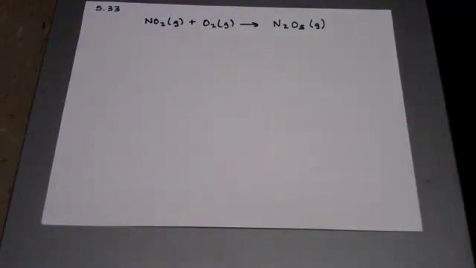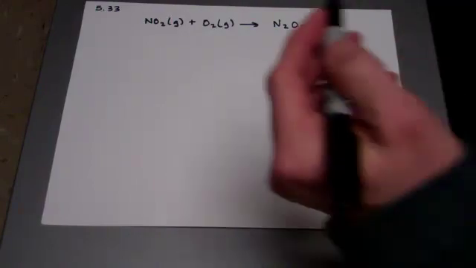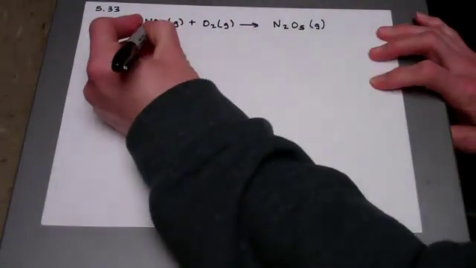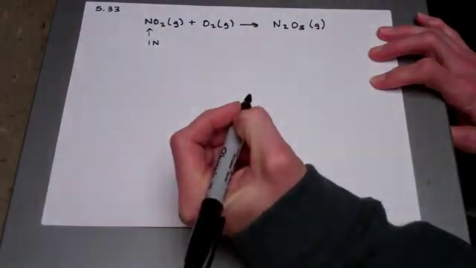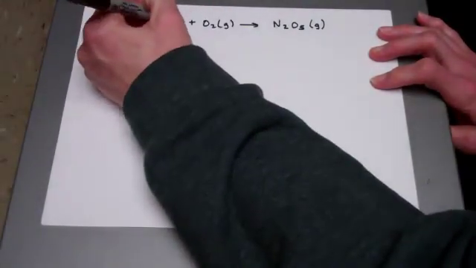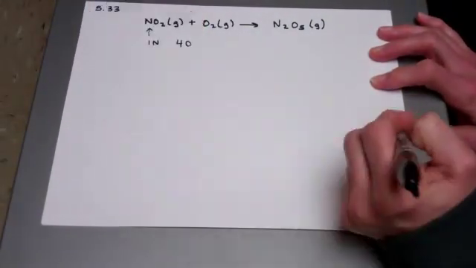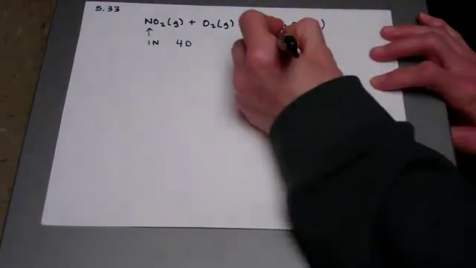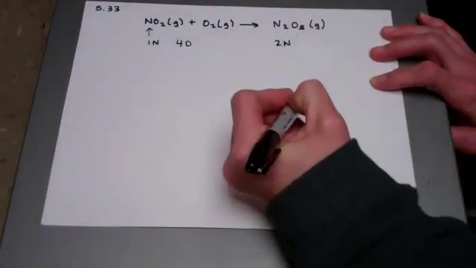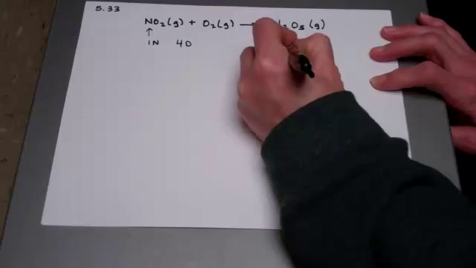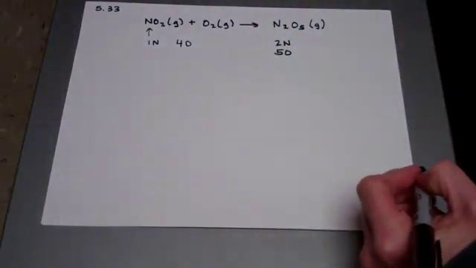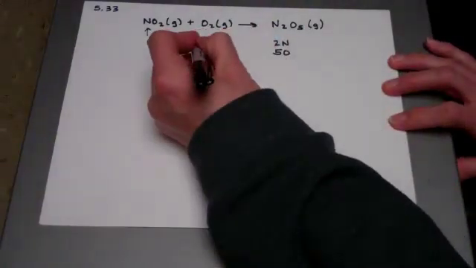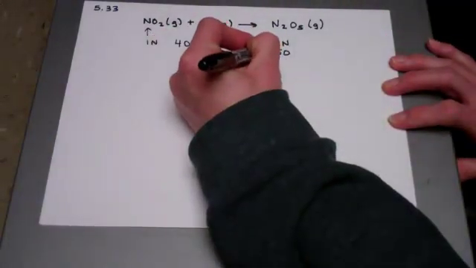And now we need to see about balancing our equations. So we know we've got 1 nitrogen over here, and we've got 4 oxygens on this side. And on this side we've got 2 nitrogens so far, and we've got 5 oxygens. So these are not balancing with each other. Well, the first thing that I notice is that I've got odds and evens.